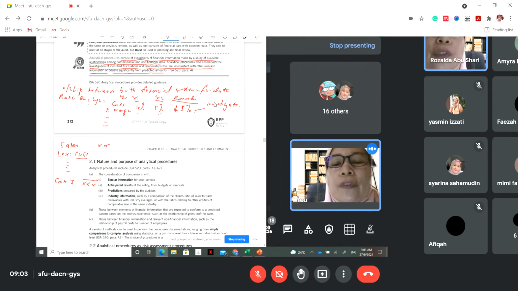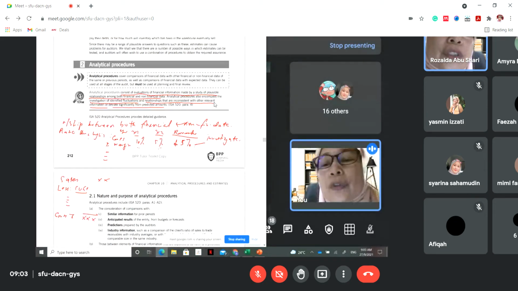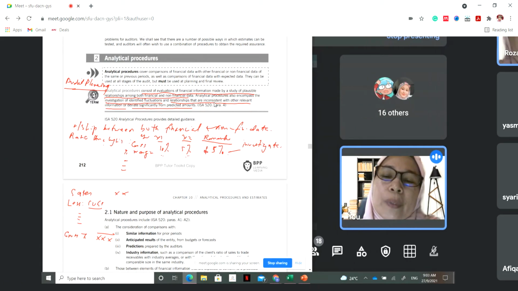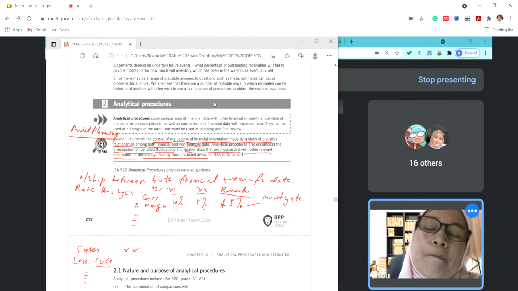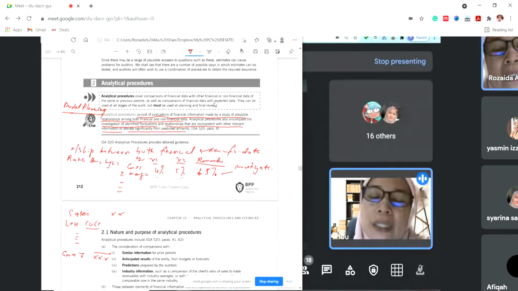At the beginning of the analytical procedures, at the audit planning stage, when you look at the financial statements of the company, you expect that the gross profit will increase, or in the situation of the economy now, you will expect that the company's sales will be reduced.